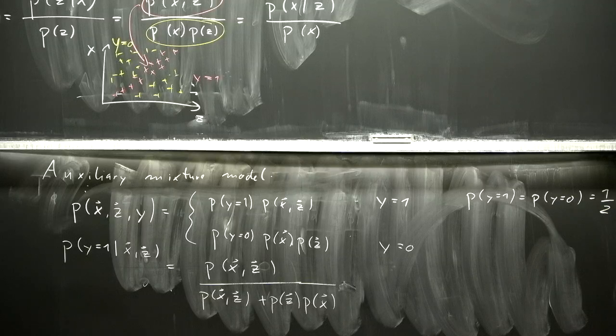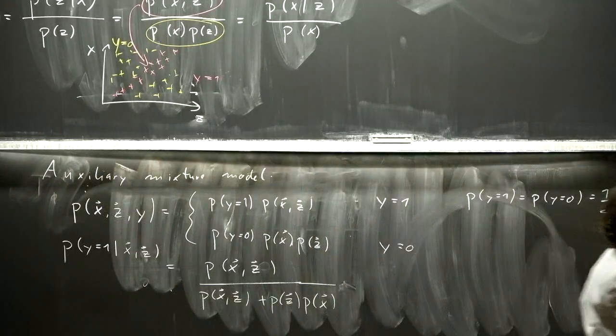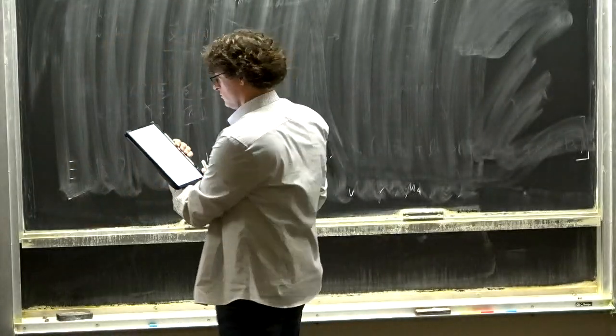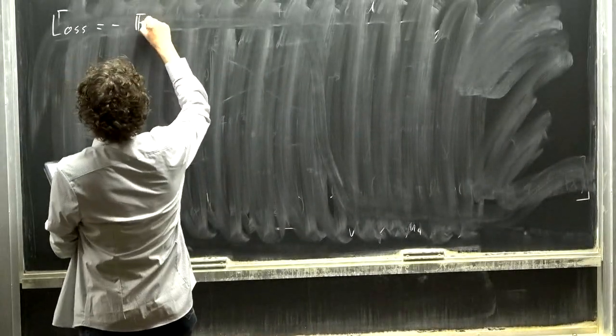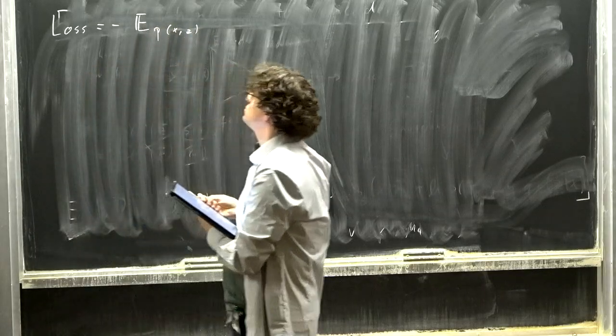Good, so the next step is then to write down the loss function for this. So the loss function is now exactly the same loss that we had before when we were talking about binary classification.